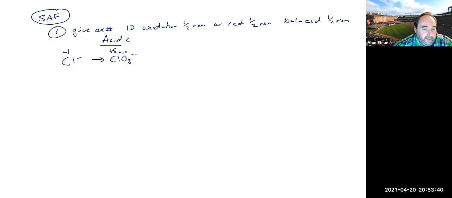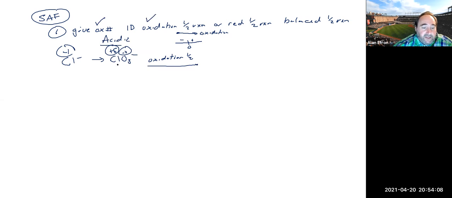That is a chlorine with a +5 in that situation. What that means is, if we follow our number line, it is going from -1 to +5. That means that this is an oxidation half reaction. By the way, those are all things that you need to do: give the oxidation numbers, identify it as an oxidation half reaction.